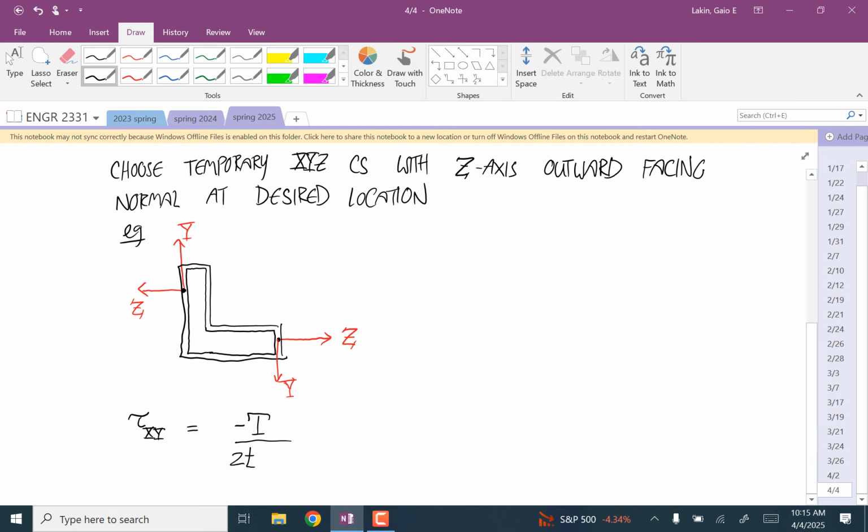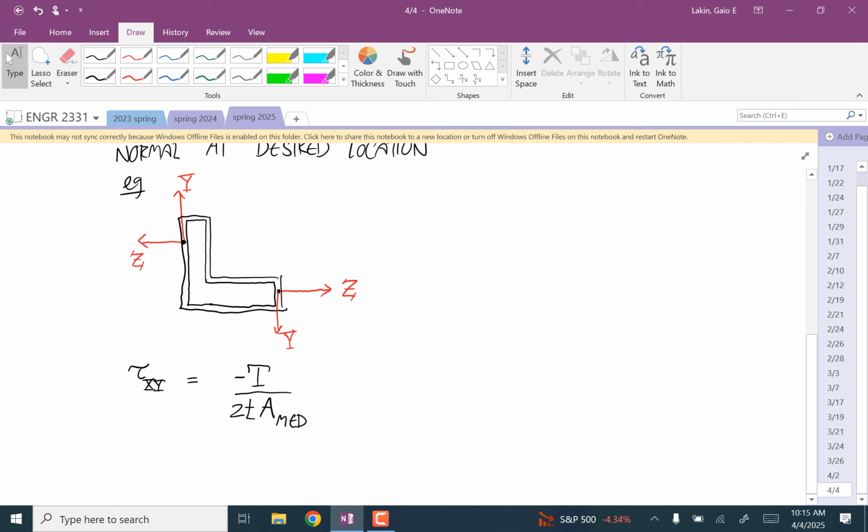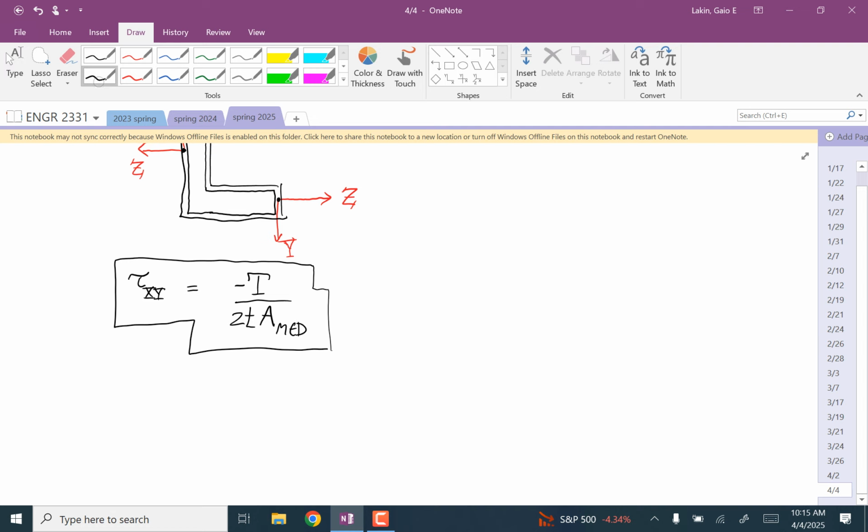So 2 times the thickness times the median area, and I'll show you what all these mean. And like every other kind of stress that I've given you, you can trust the signs that you get out of this. So this lowercase t is the thickness of the wall at the desired location.